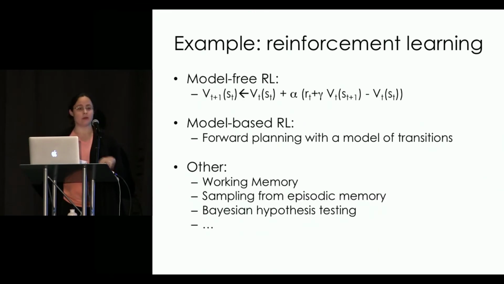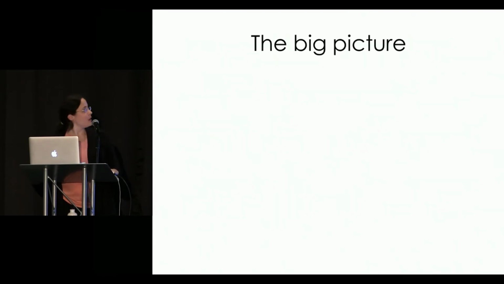And there might be many different kinds of learning algorithms that might be useful in different situations. And part of structural learning is figuring out what the algorithm would be that will help me interact with the world best.